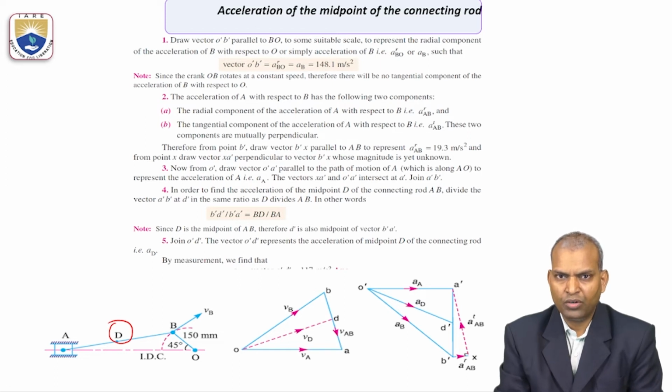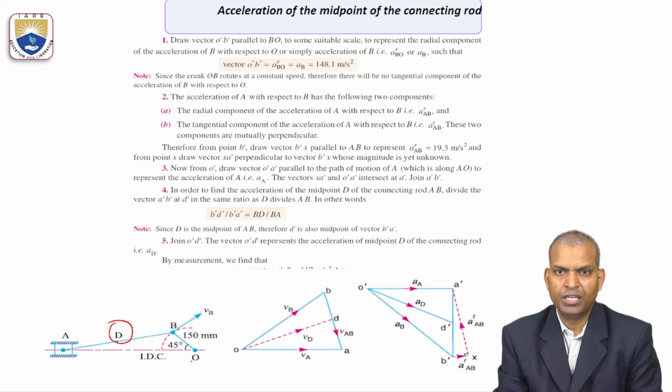We know the value for link OB, the total acceleration, that is ARBO, that is ABO, equal to 148.1 meter per second square. So that is a radial component. Draw a parallel line, with the help of a mini drafter or set squares, to this configuration diagram, and draw a line O dash A dash, and O dash B dash.